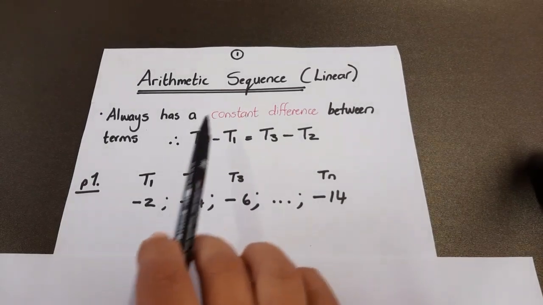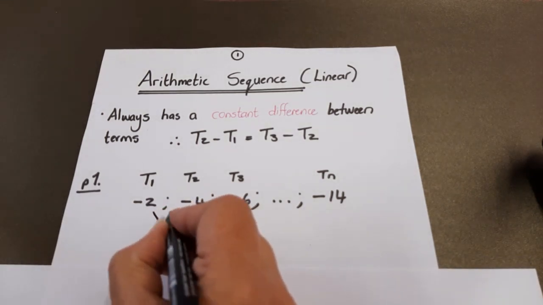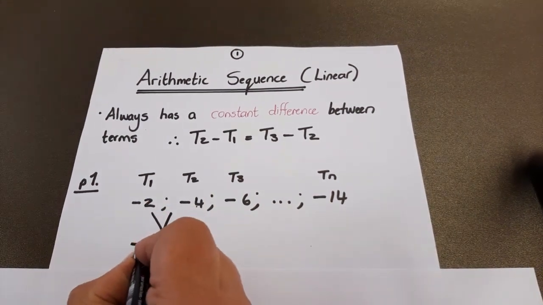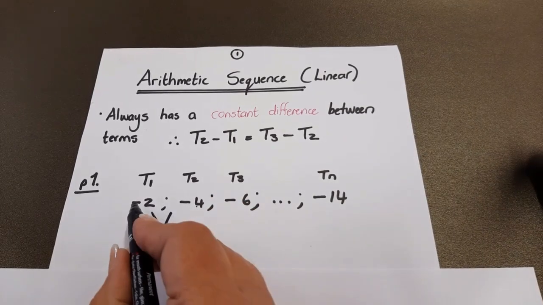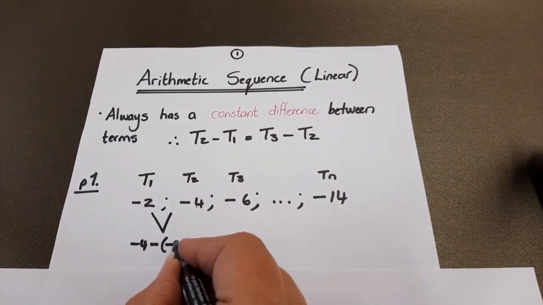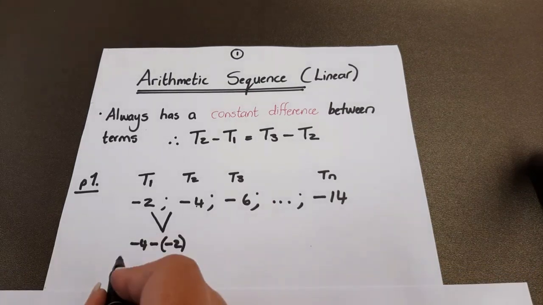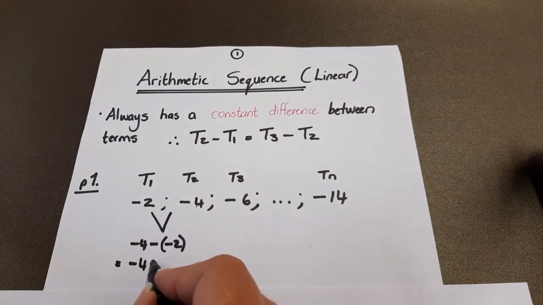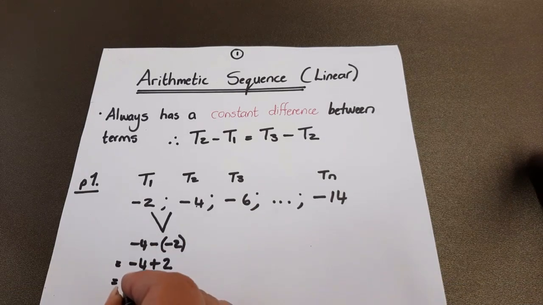Now, when we use this formula, we can say that term 2 minus term 1 will give us -4 minus (-2). Remember, when you have a minus next to a minus, you must always put it in brackets. Brackets mean multiply. So it's -4, and minus times a minus is a plus 2. And this will give you -2.